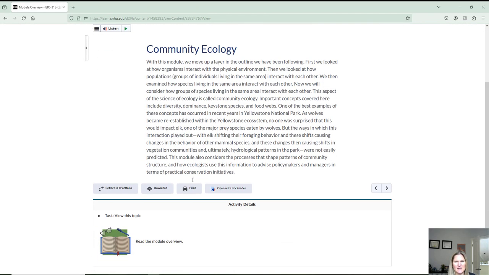So again, we're still continuing with community ecology, looking at how species interact with each other, but we're going to look at it from an ecosystem point of view. So we're looking at it including all of the resources in the environment.